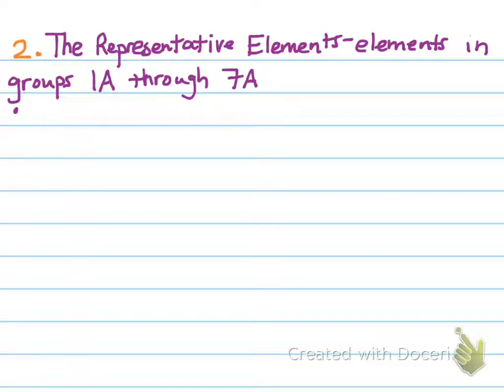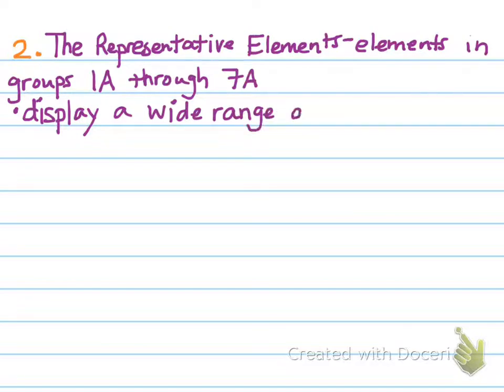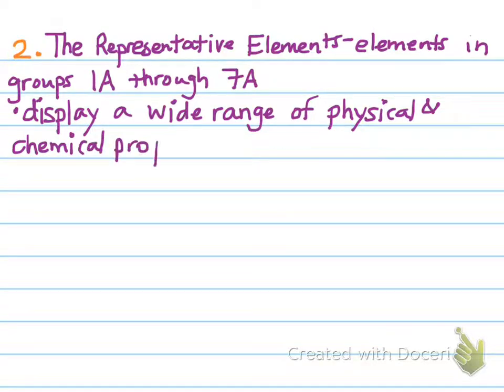Okay, so we're talking about the tall columns of the periodic table right now. The representative elements display a wide range of physical and chemical properties. Remember back in Chapter 5 we talked about the metals being to the left and below that heavy stair-step line on our periodic table, and our nonmetals being to the right and above that heavy stair-step line of our periodic table.